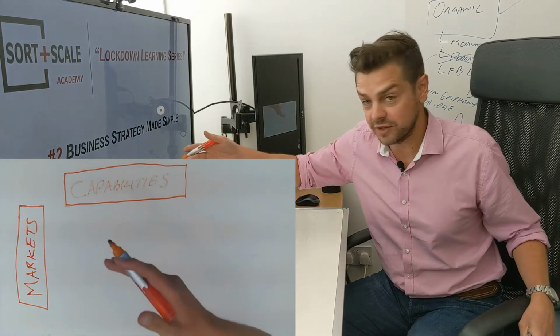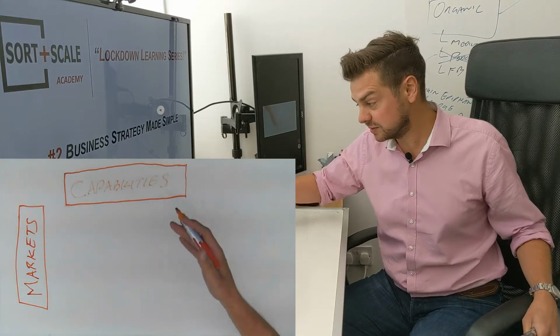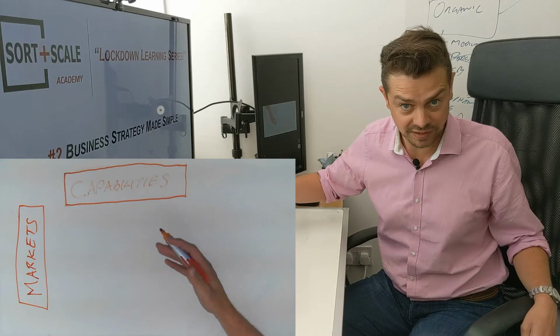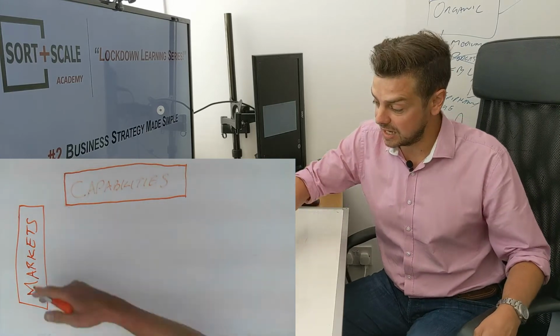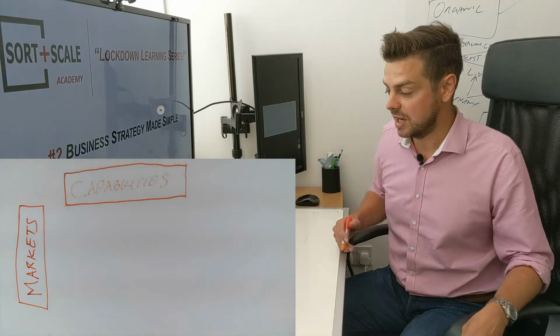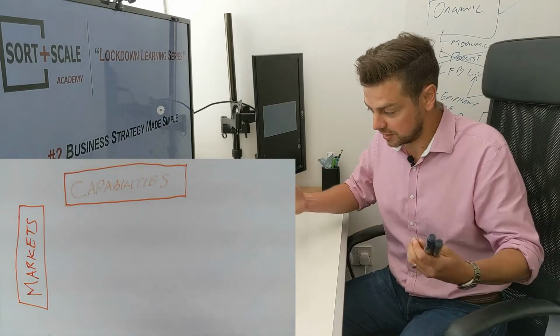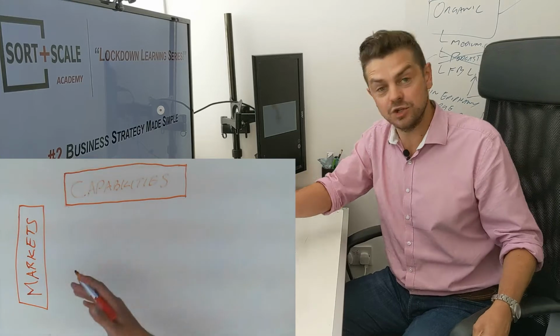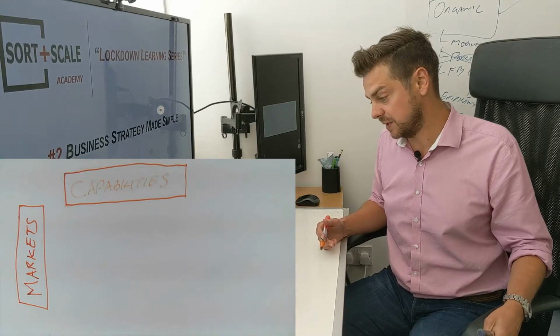So what's the stuff that we can do, hopefully in a unique way that other people find hard to do, and who are we going to sell it to? What are the groups of people, customers, that we define as a market, who might be interested in buying some of these capabilities?